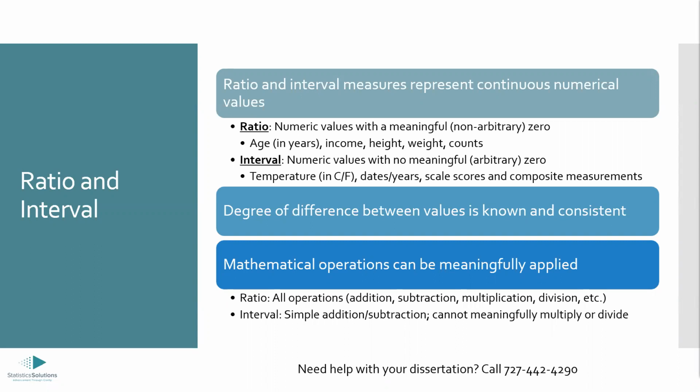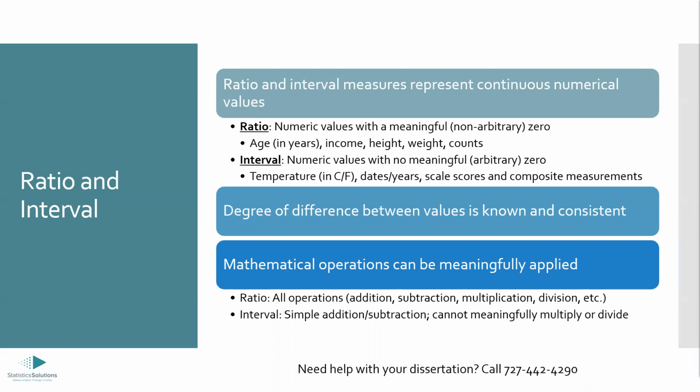With interval, we can't necessarily meaningfully multiply or divide all of the time. So take temperature, for instance. Say we have two values in degrees Fahrenheit, like 30 degrees versus 60 degrees. We know that 60 degrees is 30 degrees warmer than 30 degrees, but we can't necessarily say that 60 degrees is twice as warm or twice as hot as 30 degrees.